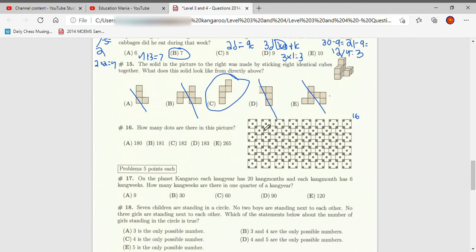For the next one, 1, 2, 3, 4, 5, 6, 7, 8. Then let's check. I think it's 15. So 16, 8, 15.